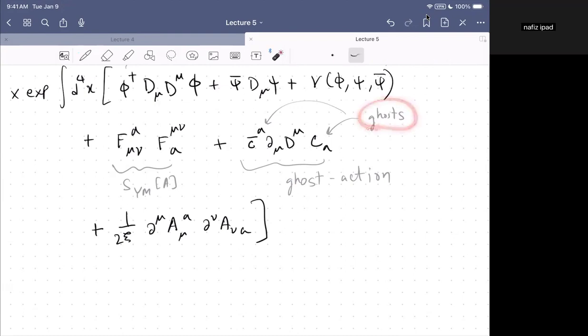Which is a very dramatic name, but the reason that they're called ghosts is that they are physically meaningless, meaning that there should never be any observable involving these fields. So in a sense, they are invisible from the outside, hence the name. And this part is called, what's it called? I don't know if this has a name. It's just an artifact of our gauge fixing, right?